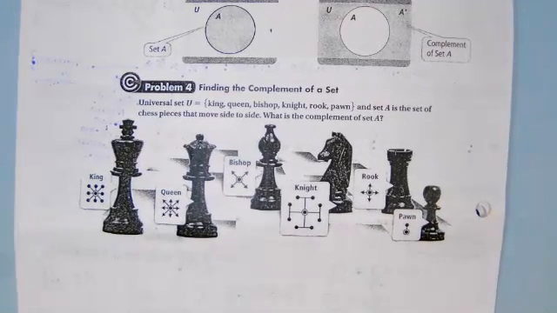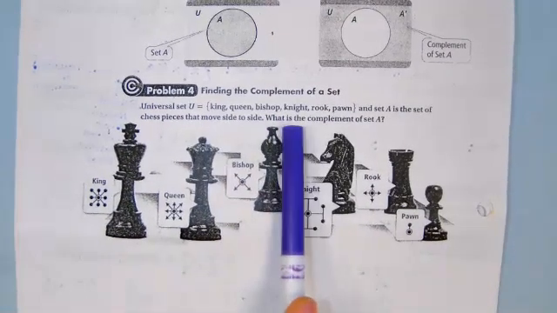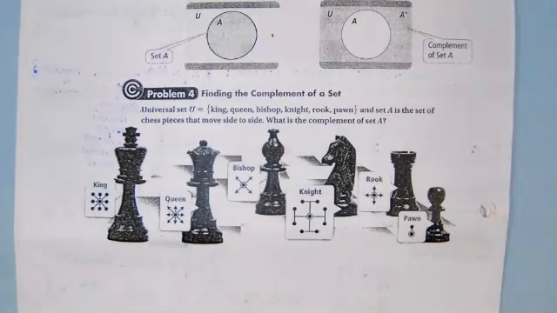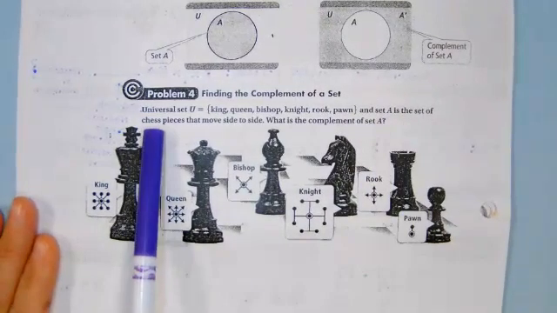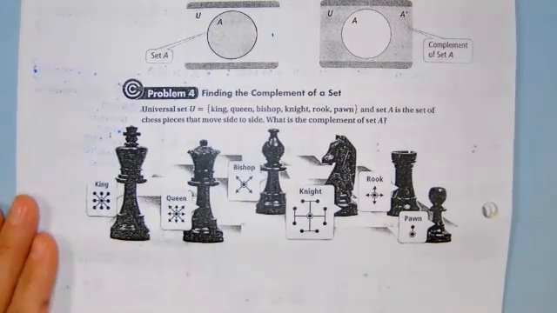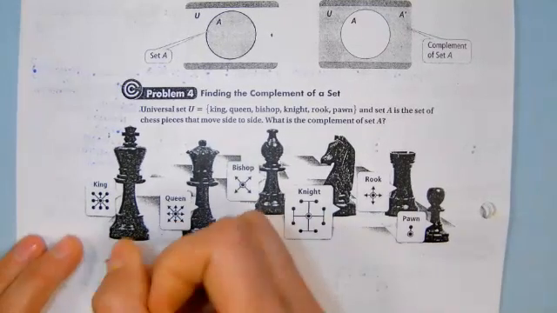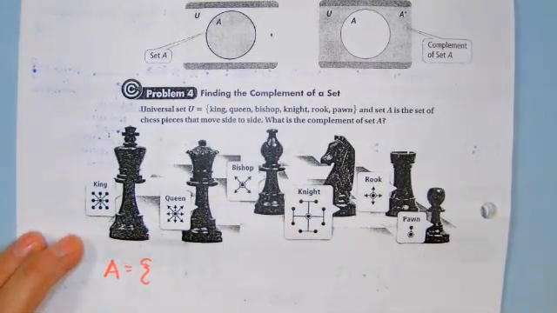So the question here is the universal set, U, is the king, queen, bishop, knight, rook, and pawn. So all of these is a universal set. That's our big set. Set A is the set of chess pieces that move side to side. So maybe let's start by listing set A. What chess pieces move side to side?